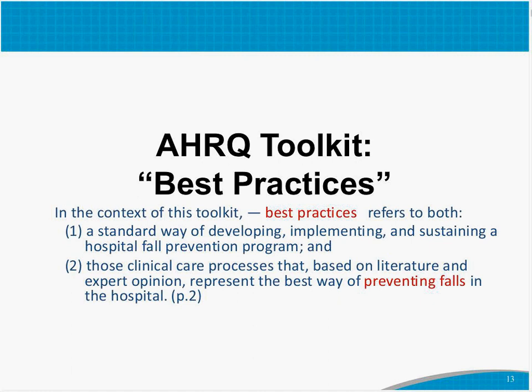And there are those care practices that, based on the literature and expert opinion, represent the best way of trying to prevent falls. So I want you to appreciate that not everything is based on a meta-analysis and not everything is based on a randomized controlled trial.